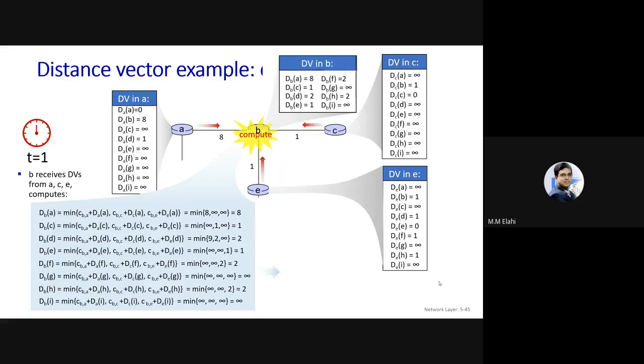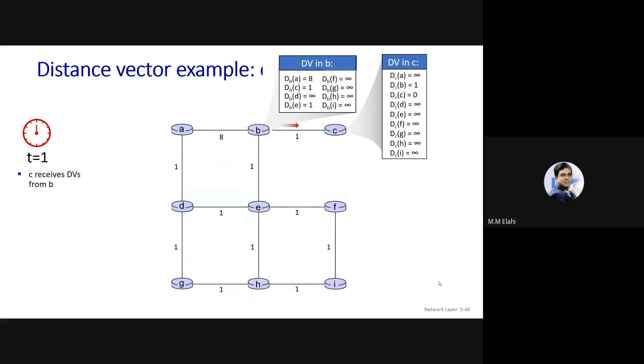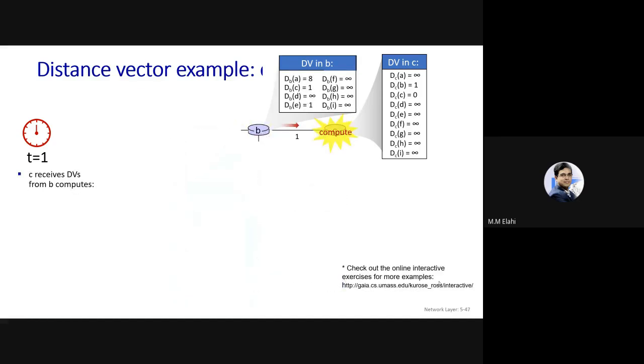Okay, so see, it is replaced, recalculated and then replaced. So this is the update, and what you will do now, see, B will again send the update to the neighbors. Actually, B is sending updates to the other two neighbors also. This example now shows the calculation of C in a similar way.